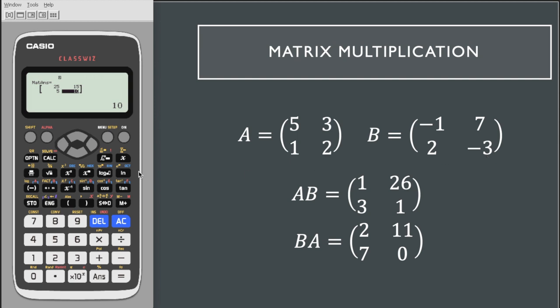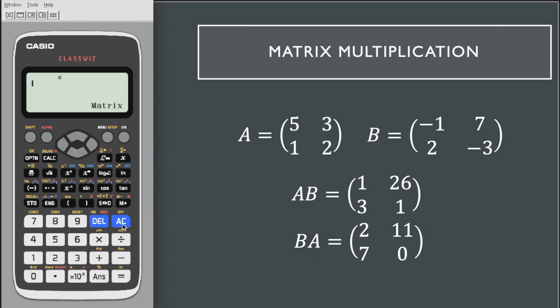So to work this out on the calculator, we press AC, and now we can press Option to bring up our matrix menu, press 3 for matrix A, press the multiplication key, and then bring up the matrix menu again and press 4 for matrix B. Now if we select equals, as you can see, we end up with our matrix here, AB, which is 1, 26, 3, and 1.